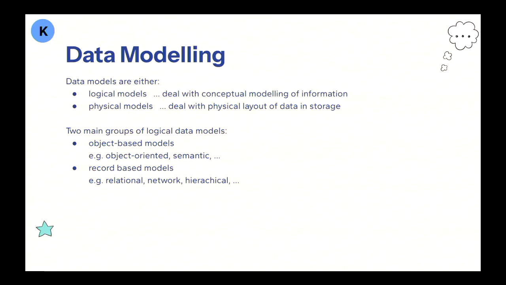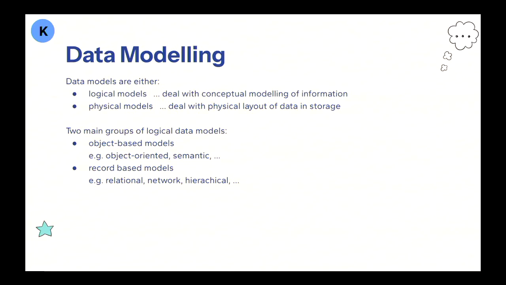So we focus on the logical model here because physical models really depend on the database management system you are using, and that's a different story. So there are actually 2 groups of logical data models.